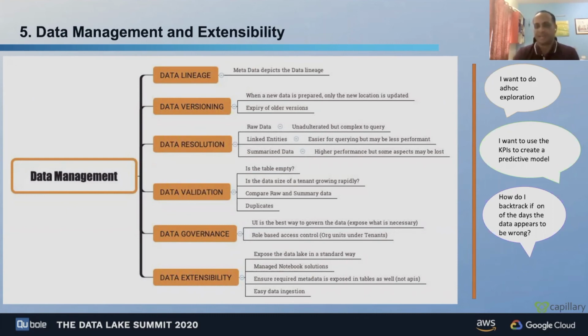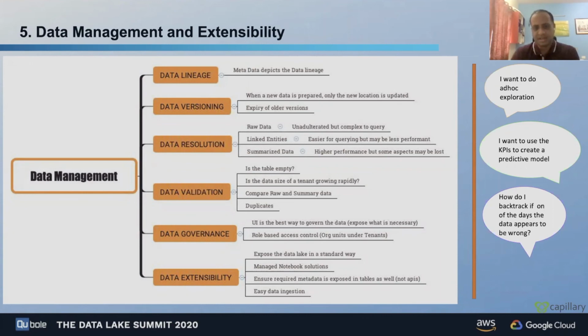There are a bunch of heuristics that we run on the platform, which are very simple checks, like: has a table gotten empty today, is the data growing very rapidly, is there a mismatch if you fire the query onto the raw tables or summary tables for a particular tenant, or have data duplicates come in for some reason for a particular tenant. We keep building those heuristics so that we can run them at scale and ensure that data is validated to a great extent before it's presented to the end users.